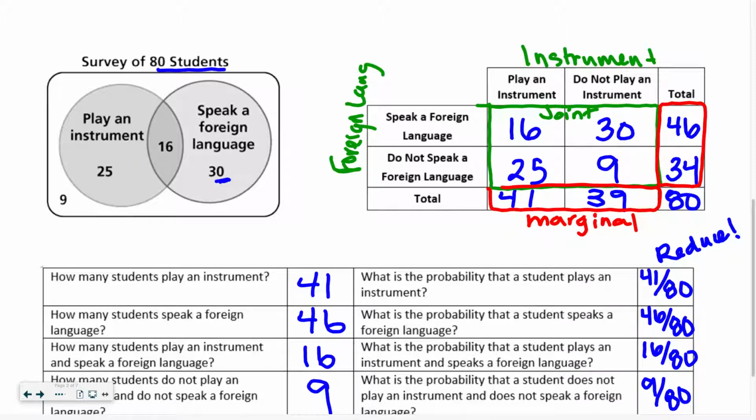Understanding the difference between where the joints happen and where the marginals happen can help you in case a set of directions asks specifically about one area of the table, then you know where to look. So vocab can be really helpful in this section.